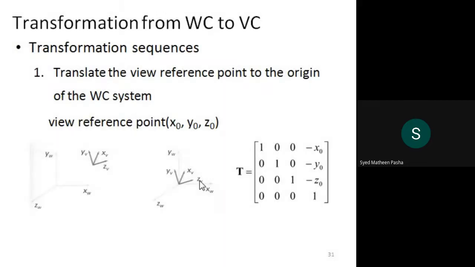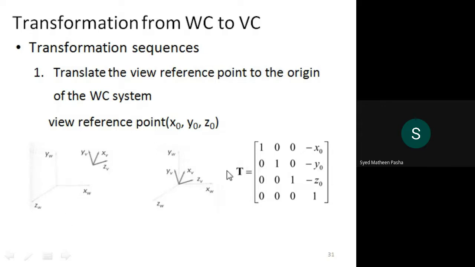Then there is the sequence, as I told, of how the transformation happens. The first step was to translate the view reference point to the origin of the world coordinate system, that is with respect to a reference point x0, y0, as well as z0. So this is the representation we saw.